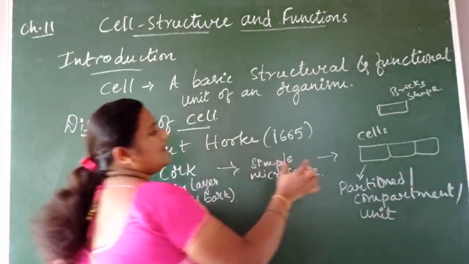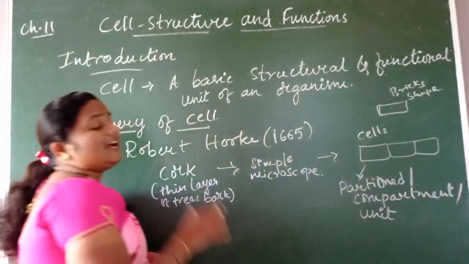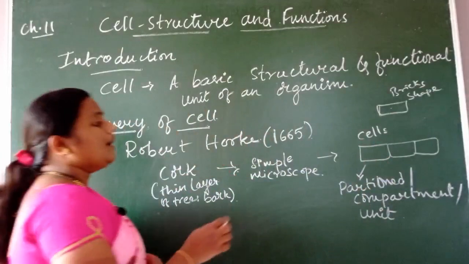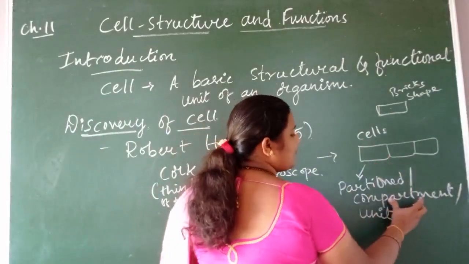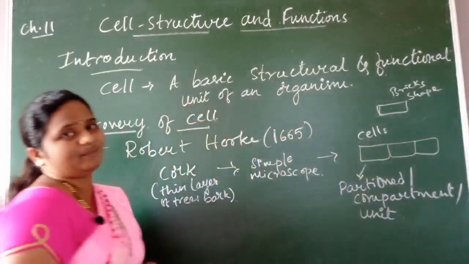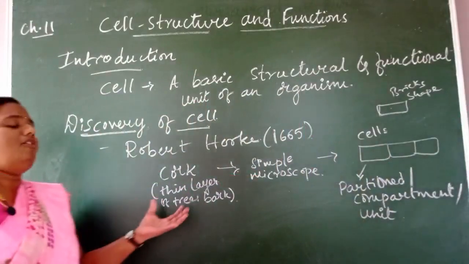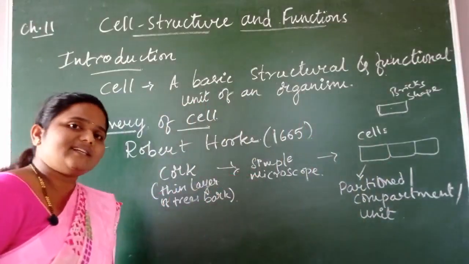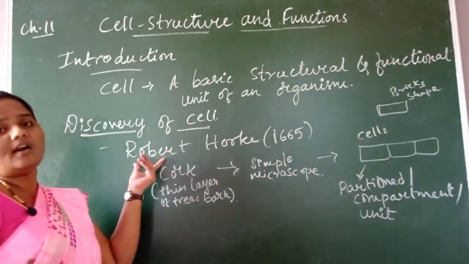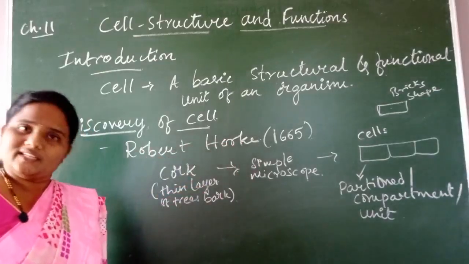For each single brick-like structure, he named it a partitioned compartment or unit, isn't it, children? So, first, who discovered the cell? You have to answer: Robert Hooke, isn't it?